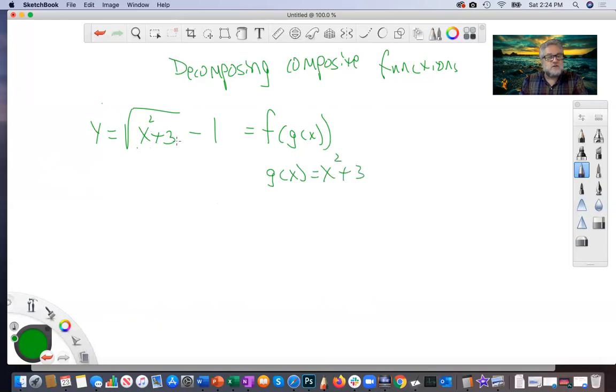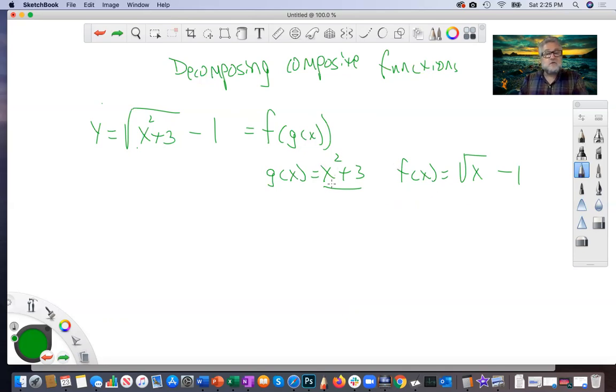That's what's getting stuffed in there. And f of x is square root of x minus 1. So this looks like I took this thing, g of x, and I stuffed it in here to get that. Does that make sense?